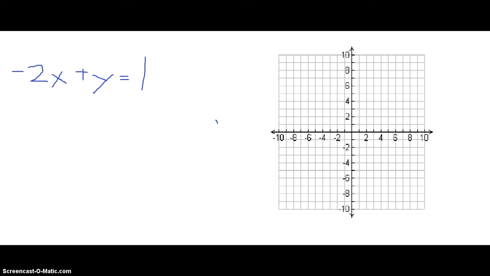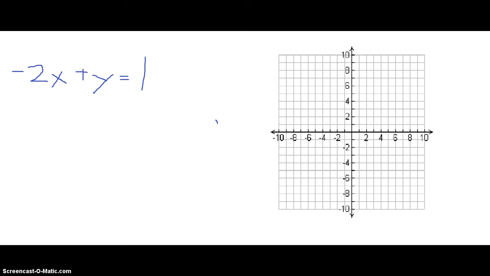Now, since we handled that pretty well, let's try graphing a linear equation. This may seem difficult, but in fact, this is fairly easy. But this isn't right. We have to turn this into y equals mx plus b, but it's 2x plus y equals 1. And we can't have that.